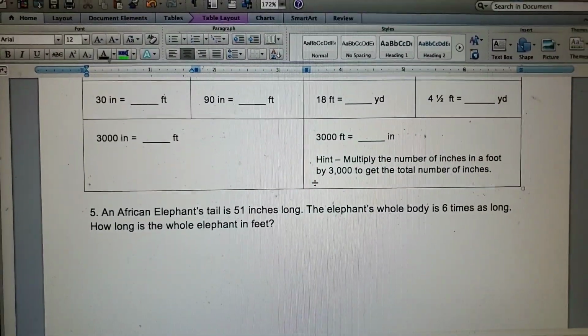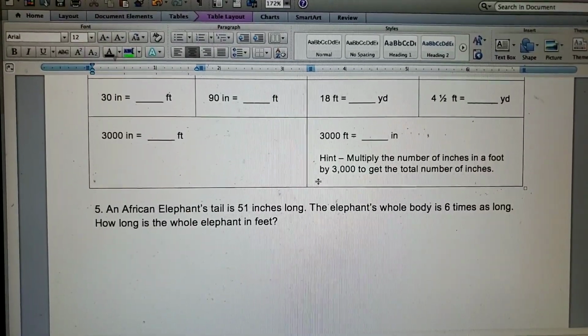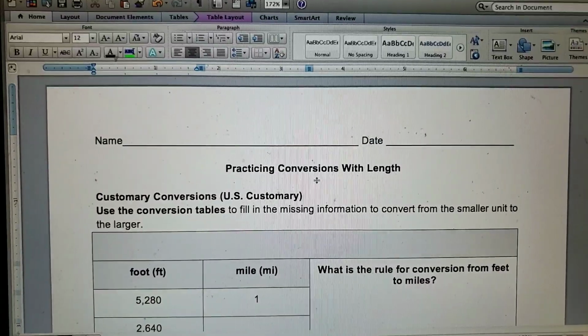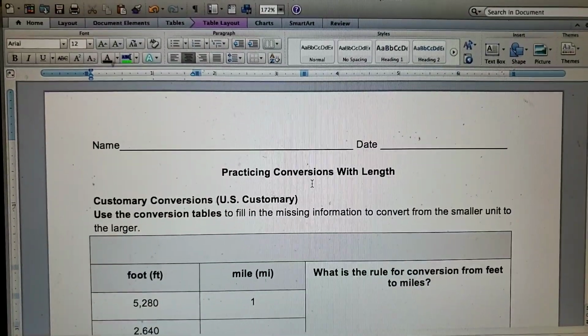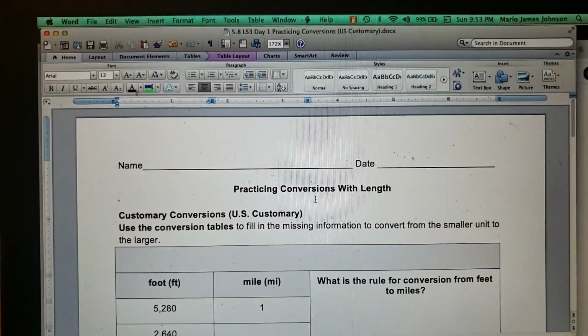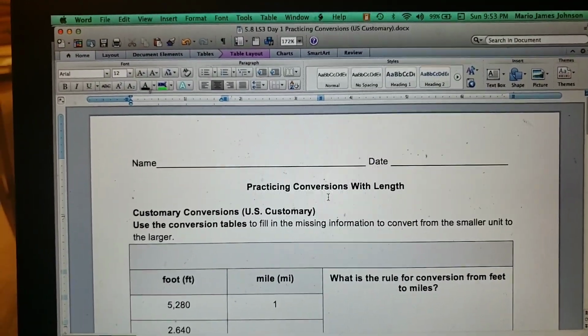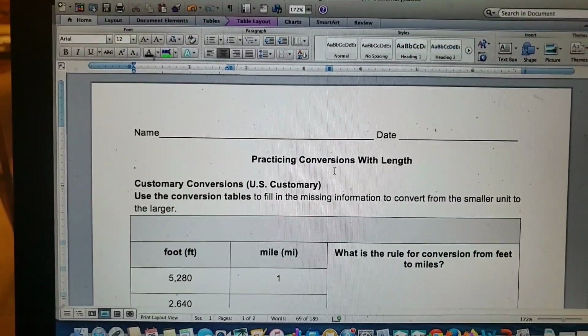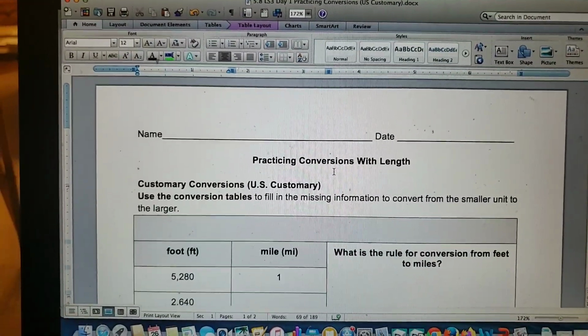And then answer number 5. Okay, I think that's about it. This assignment will be due Friday. Once again, it's just going to be one assignment. It's not going to be 2. It's just going to be 1 for this assignment.